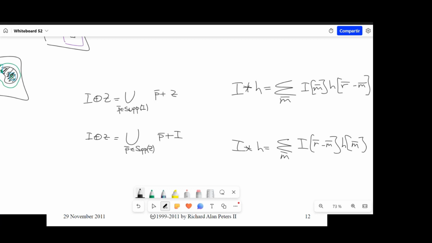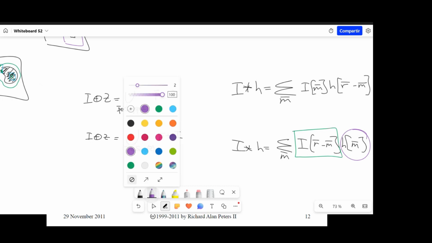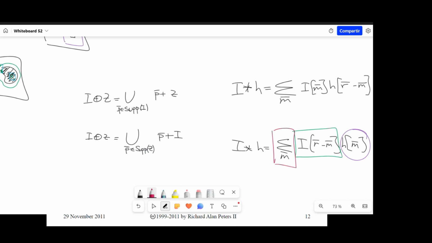Okay, so let's compare. So here, the image is moving, and it is moving to the locations where H is different from 0. Because if it is 0, you don't care about those locations, because you will multiply the image by 0. And then you are summing, gathering all those into a single image.